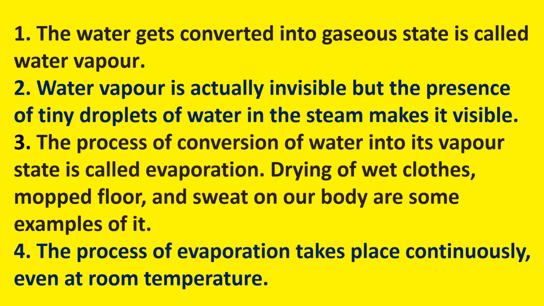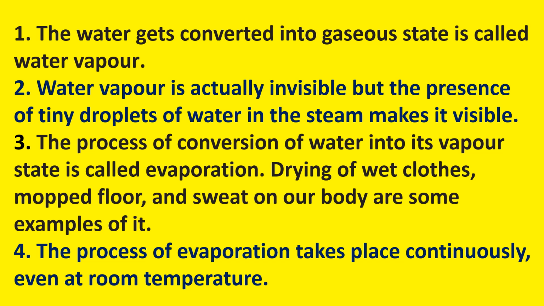Water that gets converted into its gaseous state is called water vapor. Water vapor is actually invisible, but the presence of tiny droplets of water in the steam makes it visible.